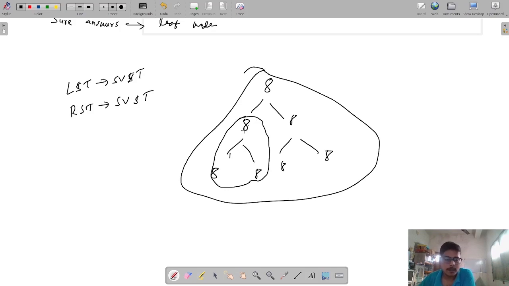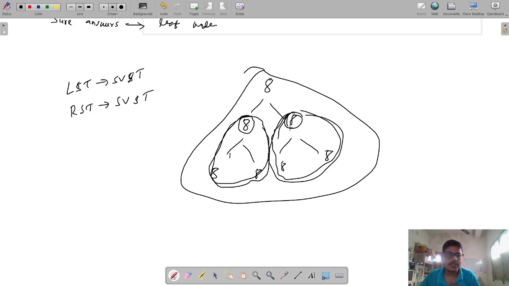You don't have to care about all other values if you can assure me that this is a single value subtree. Similarly, if this right subtree is a single value subtree, then this value must be equal to all other values in the subtree, right? So you give me this tree together with the guarantee that this is a single value subtree and this is a single value subtree.